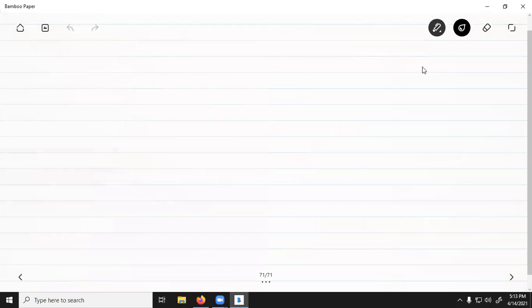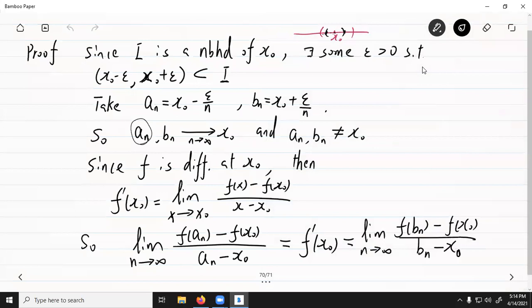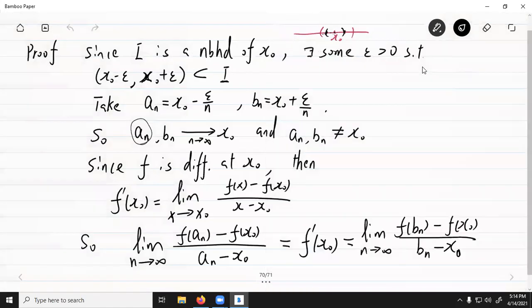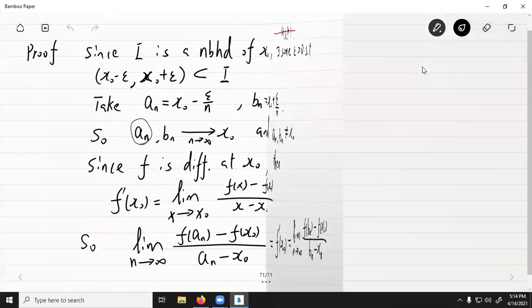So before that, we note that an minus x0. What is an? An is equal to x0 minus epsilon over n. So this an minus x0 would be equal to negative epsilon over n, which is a negative number, right? And bn minus x0 would be epsilon over n, which is a positive number, so it's greater than 0.